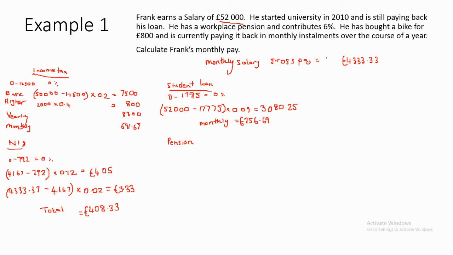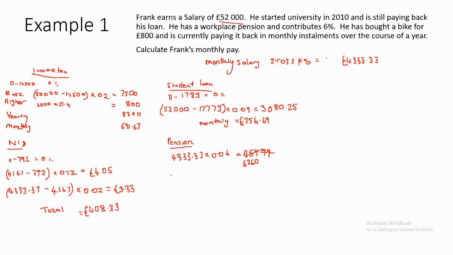So I'm going to do it from the monthly salary. 4,333.33, times 0.06 is 260, to two decimal places.